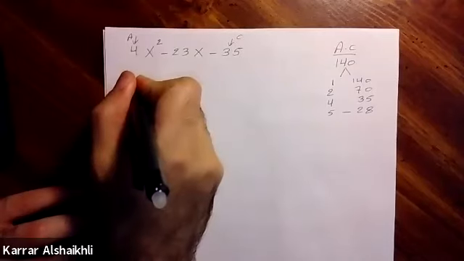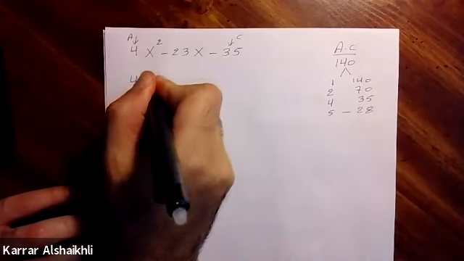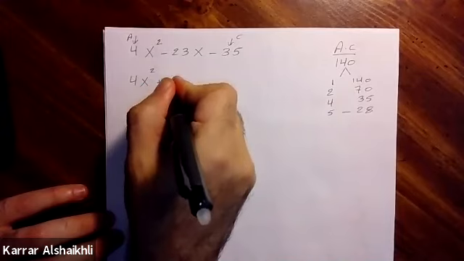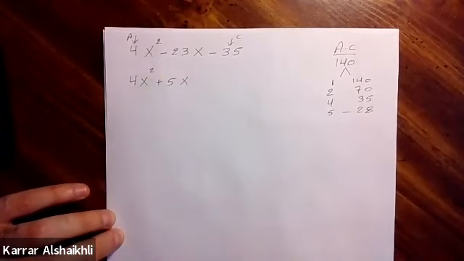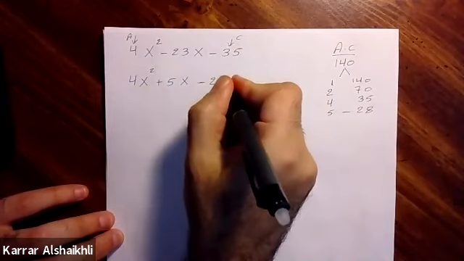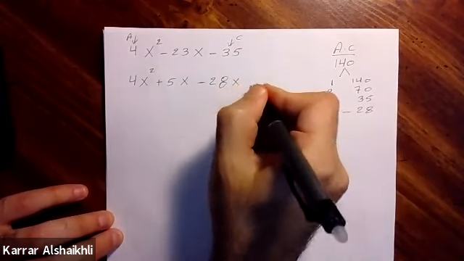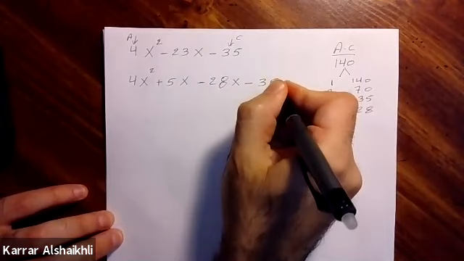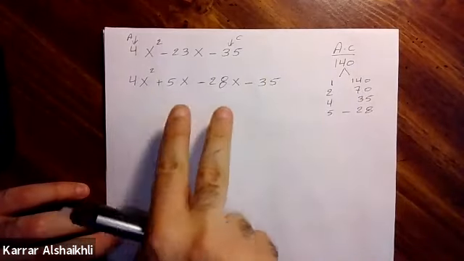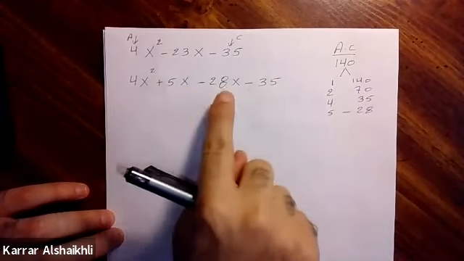So here is the first term: 4x squared plus 5x minus 28x minus 35. Now I have 4 terms: 1, 2, 3, 4.